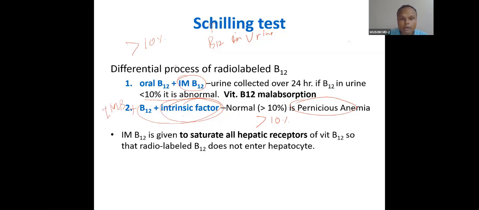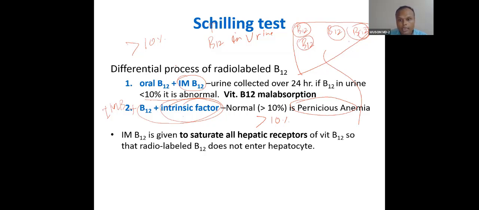And why do we give intramuscular? Because this radioactive vitamin can be taken up by the liver. So if intramuscular vitamin B12 is given, it will bind to the cells of the liver. It will saturate the liver, and the radioactive vitamin will not be absorbed by the liver.